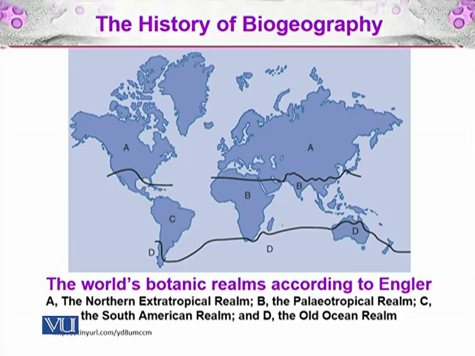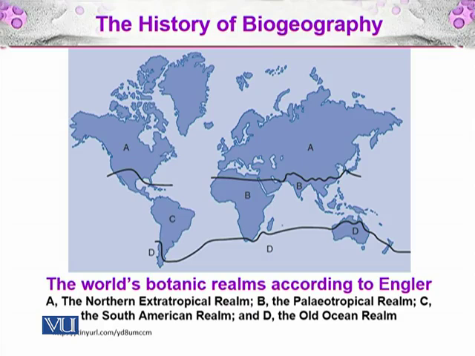In A, you can see most of Asia, the northern part of Asia, and North America. In B, you can see Africa and India, and in C, you can see South America. And in D, you can see Australia, some part of South Africa, and ultimately the southern part of South America.